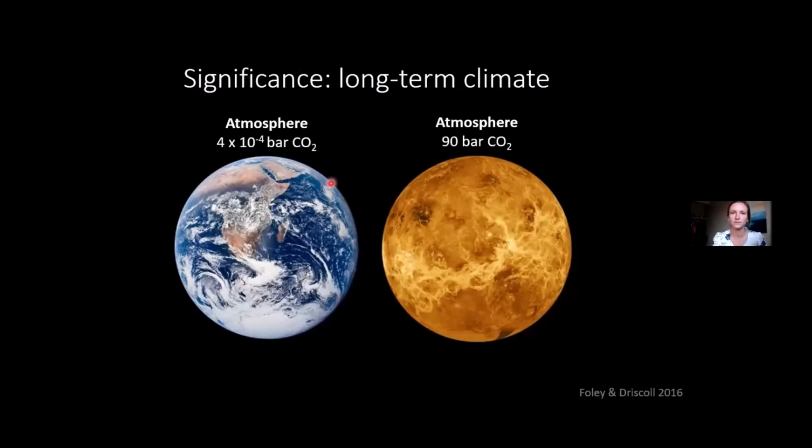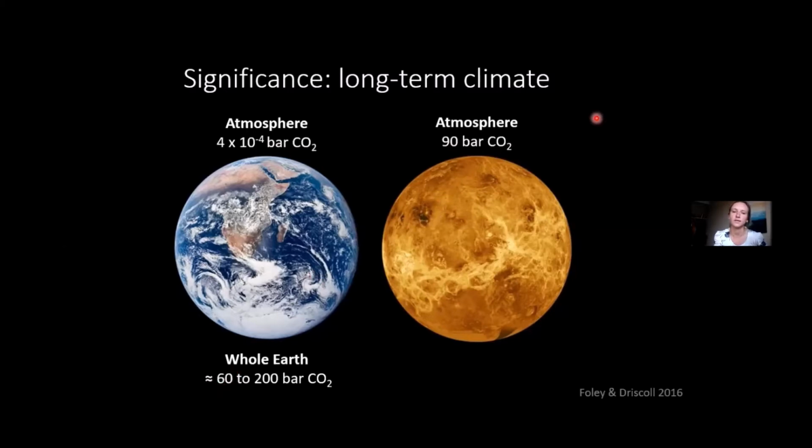I'm sure we're all too familiar with the CO2 concentrations that we find in our atmosphere. While it may be a bit too high for our liking, it is still significantly less than the atmospheric CO2 content that you find at Venus. But what I thought was interesting was Foley and Driscoll's estimation of the effective CO2 concentrations that you find in Earth as a whole, which, when you look at these numbers, are essentially equivalent to that of Venus's atmosphere.